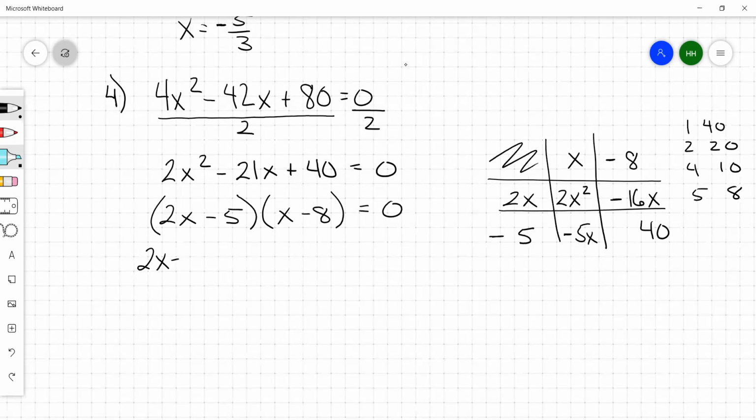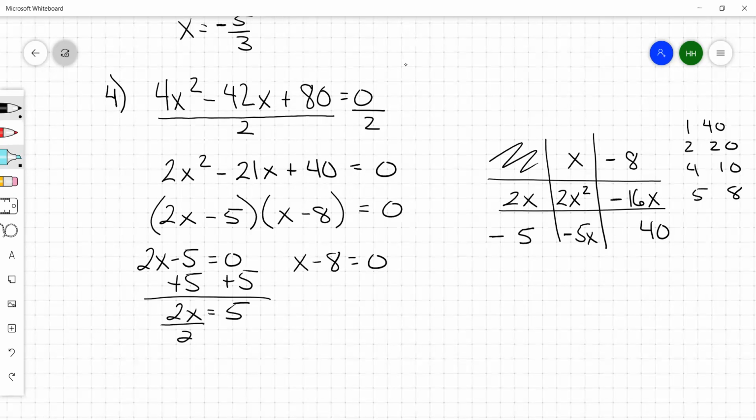So 2x minus 5 is equal to 0, and x minus 8 is equal to 0. Can add 5 here. Add 8 to this right side. That's ugly. All right, so there's your two solutions.